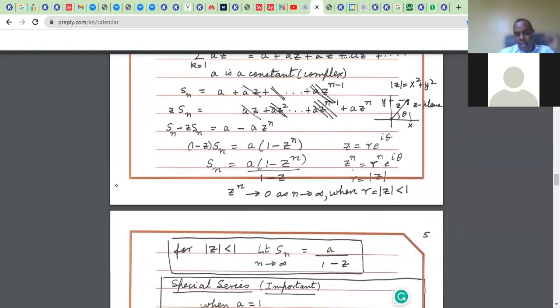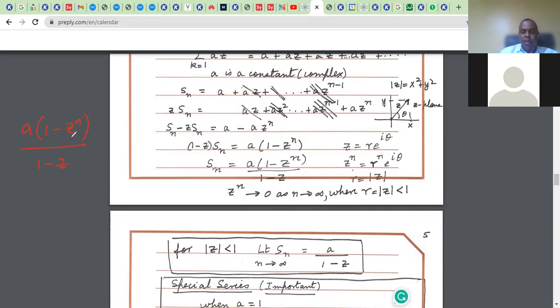When Z is less than 1, the sum to infinity becomes this. You know why? Because we don't need to count n in this case. n is going to infinity, and it means that if we pick it up from here, we have a(1 minus Z^n), we can say that Z^n equals 0.